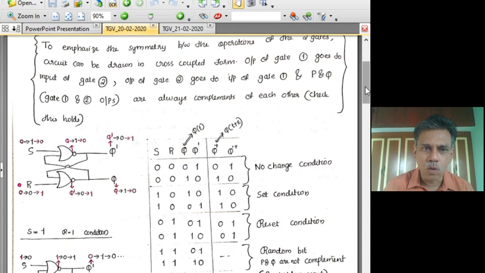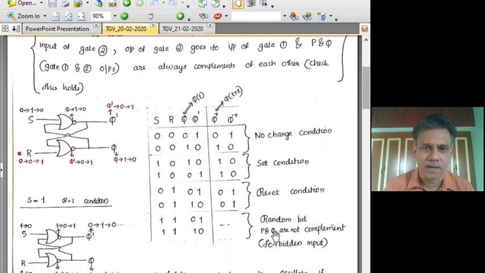We saw that the 1-1 condition is a forbidden condition, because when both S and R are 1, the outputs will be 0 and 0.